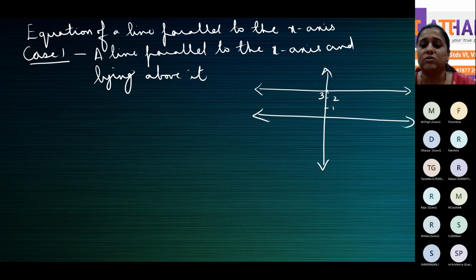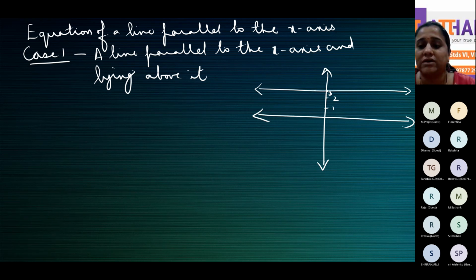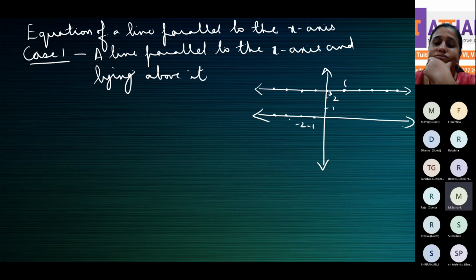Children, you understand what I've marked? Now let's mark the various points on this line. I want the coordinates of these points, children. Yes, Shashank, what will be the coordinates of this point? 3, -1.